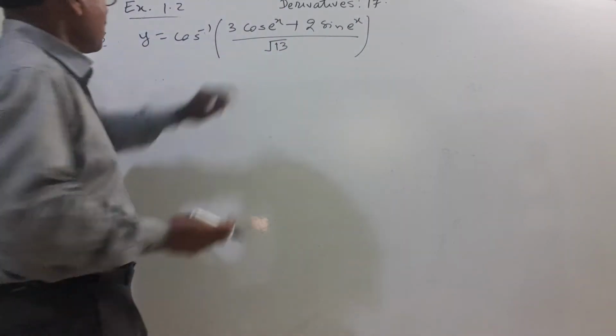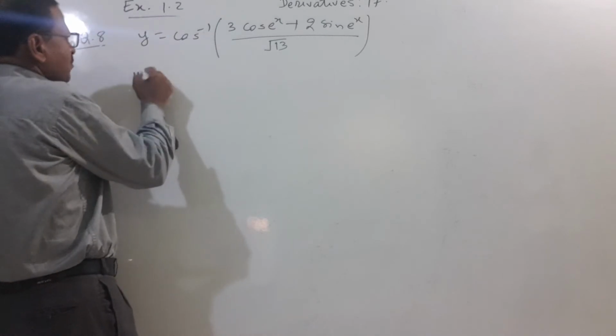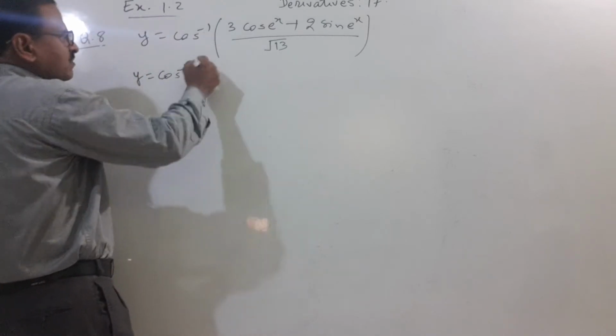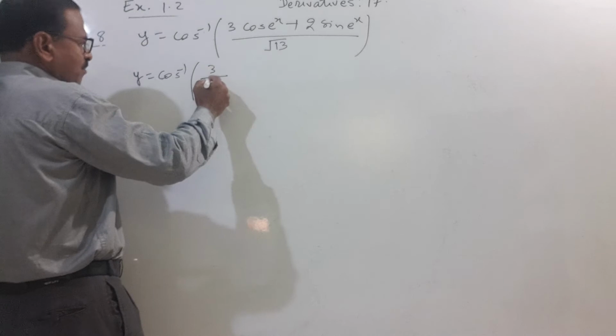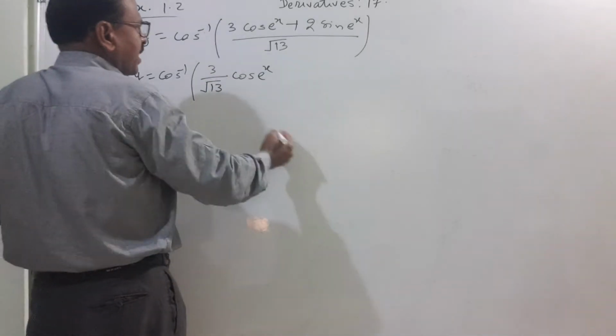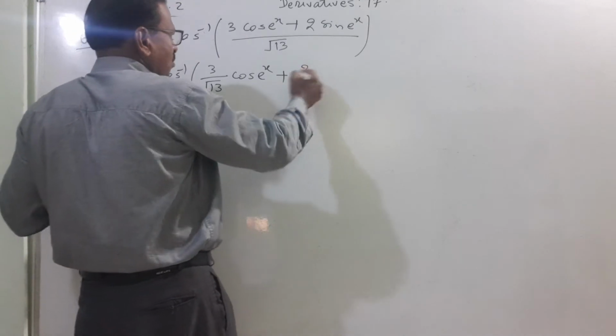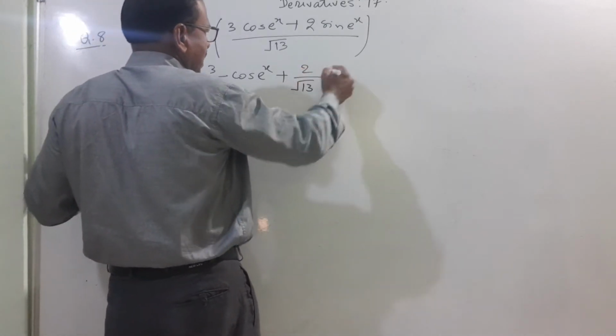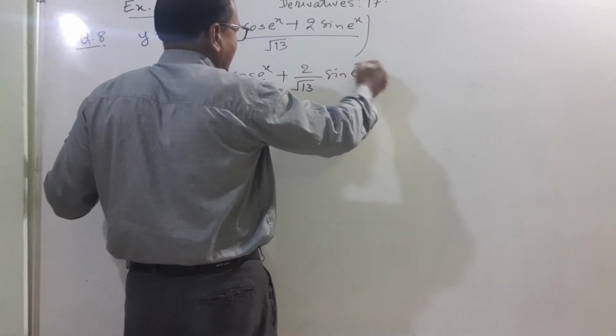So this should be the hypotenuse. So y is equal to cos inverse of 3 upon root 13 cos of e raised to x plus 2 upon root 13 sine of e raised to x.